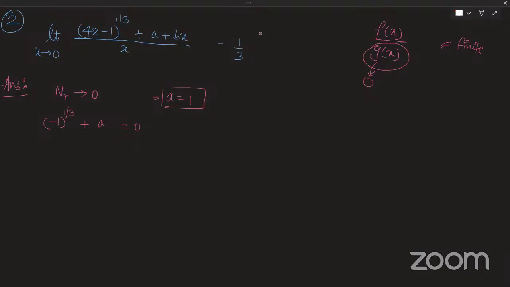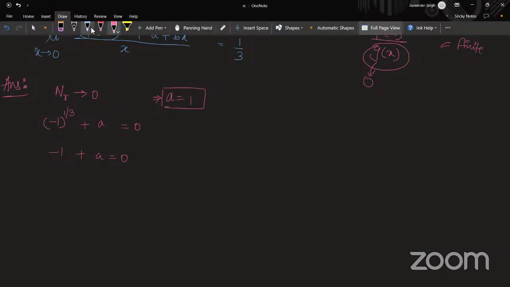No, it is minus 1, right? Cube root of minus 1 is minus 1. So the value of a is 1, right? Everyone? Okay, great. So the value of a is 1.